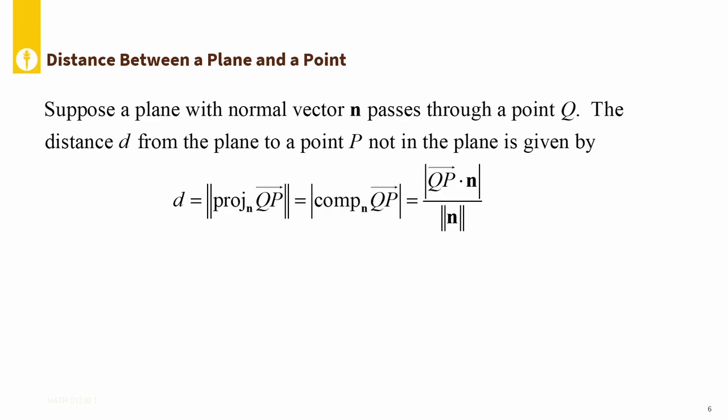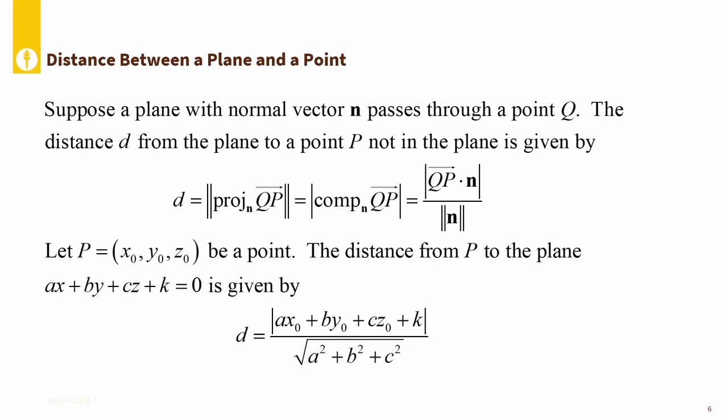Which, if you remember that formula, you can easily work out. Absolute value of the directed line segment QP dotted with n over the magnitude of n. Or we can rework this, do some algebra to get that equation.